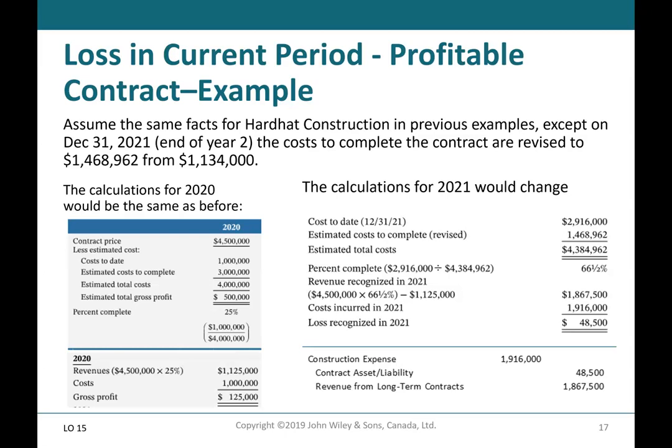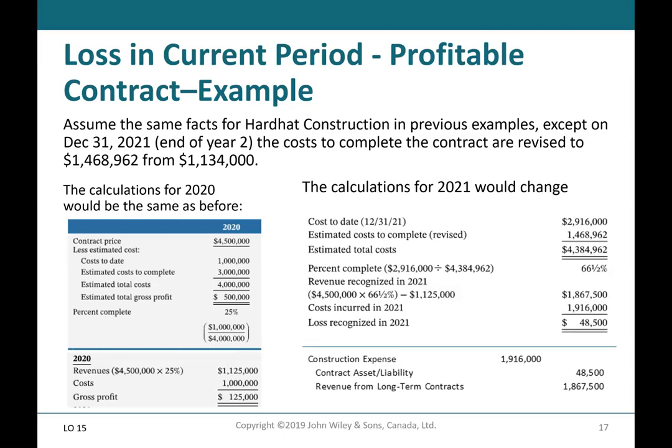The revenue recognized in 2021 would be the 4.5 million times 66.5%, minus the 1,125,000, so that will give you 1,867,500. Your costs incurred in 2021 are 1,916,000. The loss to be recognized in 2021 is 48,500.